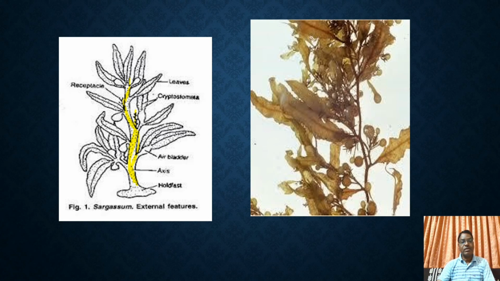Once this thallus grows, usually the holdfast becomes weaker, the basal portion of the main axis gets detached from the holdfast, and therefore the entire thallus floats along with the water of the ocean in the form of floating masses, called a drifted mass of Sargassum.